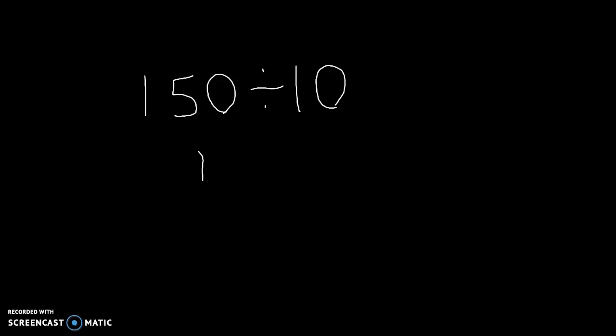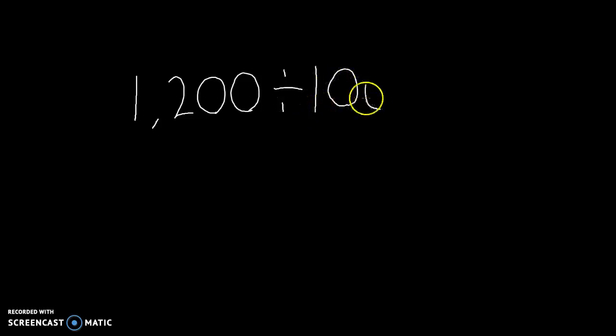Let's try one more division one. Let's try 1,200 divided by 100. This one's a little tricky one. First, you have to know that you're going to divide everything that isn't a 0.